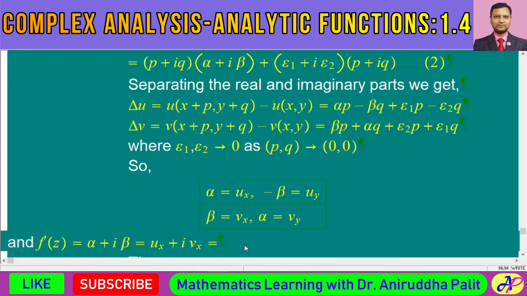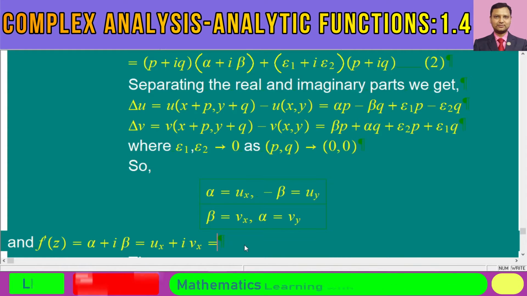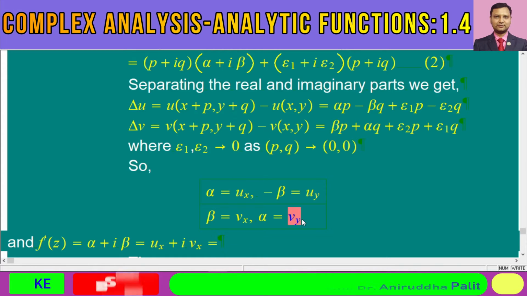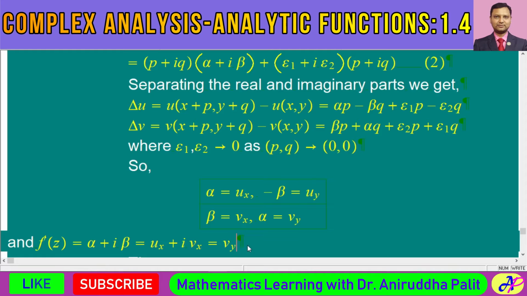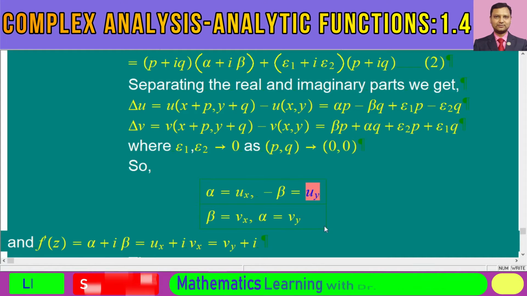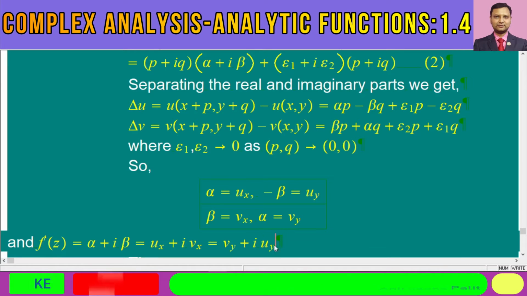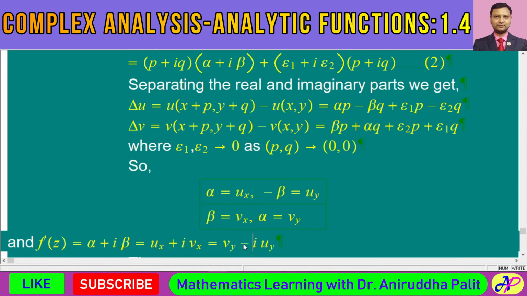Again, this expression of f dash z can also be written in this fashion. So you see alpha has a different value, say vy, alpha plus i into beta. What is beta? From this relation, beta would be equal to minus uy. So with this negative sign, we will have this kind of expression. Got it?